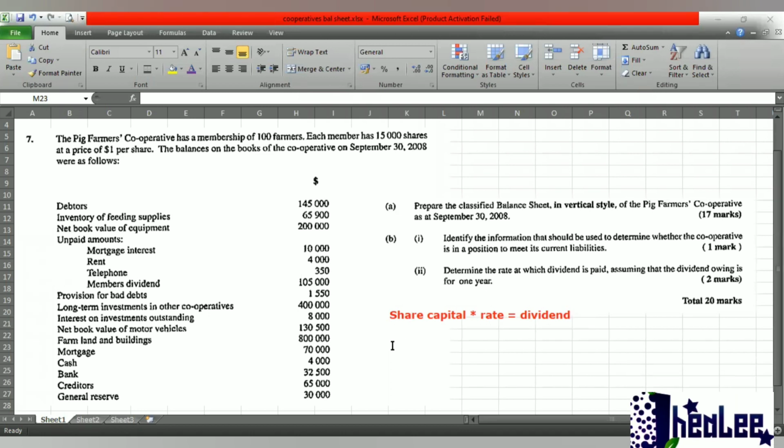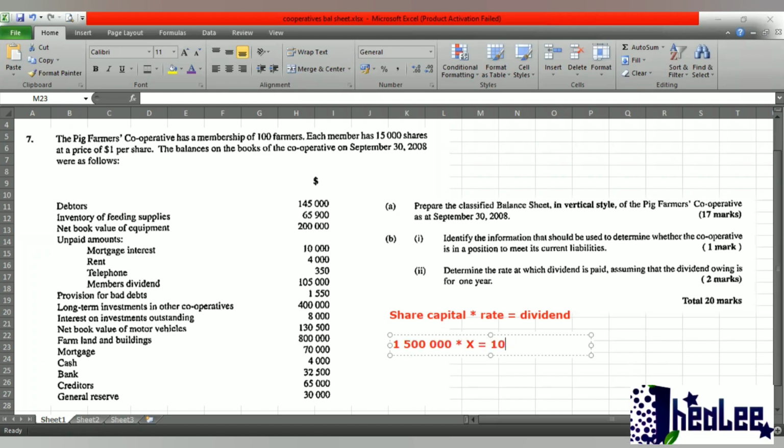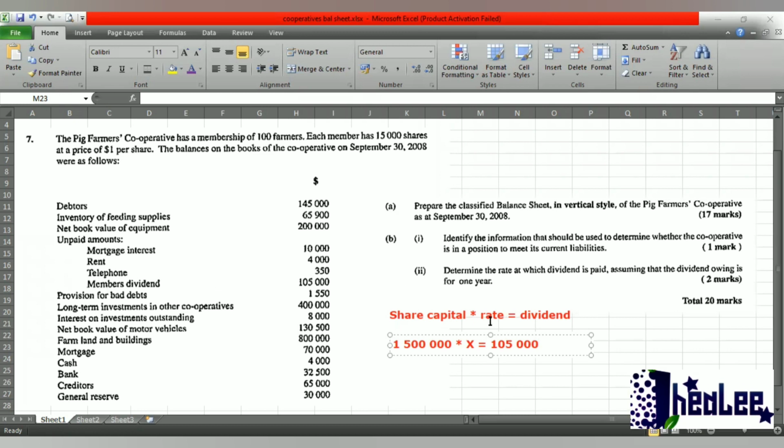So we're going to enter all that we have and solve for the unknown. The share capital is 1,500,000. That is multiplied by X because X is unknown, and that would give us a dividend of $105,000. So that is the members' dividend that is owing.